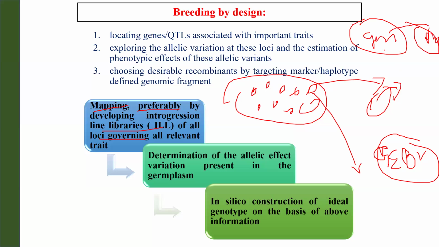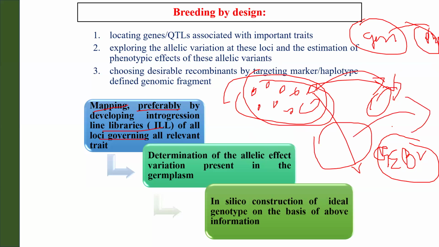Then we can bring all these alleles together in silico, not in the field. Then you can check, when you have this combination of alleles, what predictable phenotype you are going to get. When you have a different combination of alleles of all the traits and all the genes, what phenotype you are going to get.